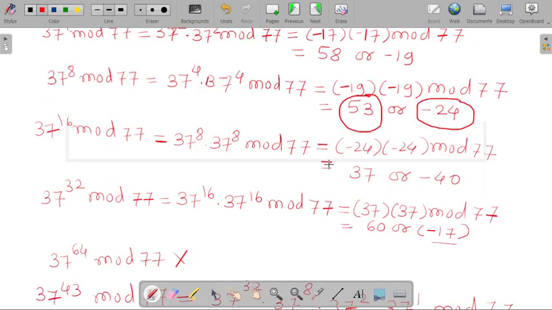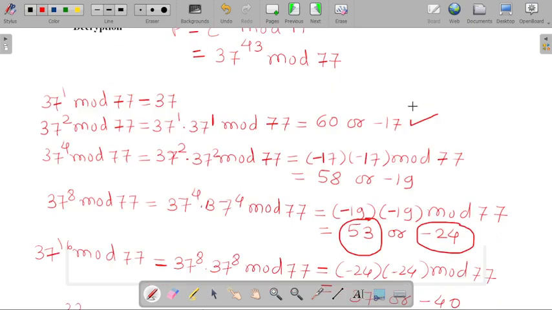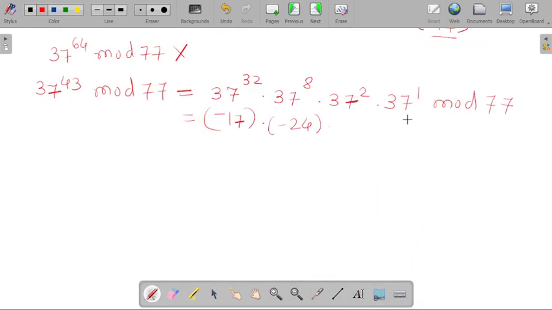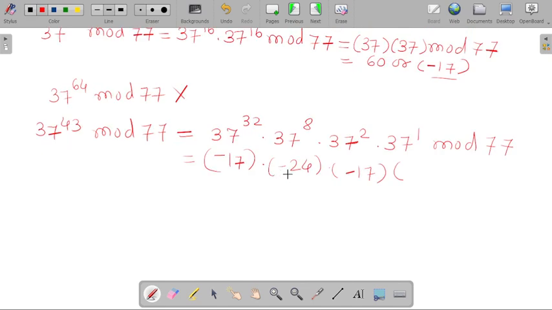Then for 37 raised to 2, we can write it as 60 or minus 17. Suppose we write 37 raised to 2 is equal to minus 17. And 37 raised to 1, we can write as 37 or minus 40. So we are writing here minus 40, and then mod 77.